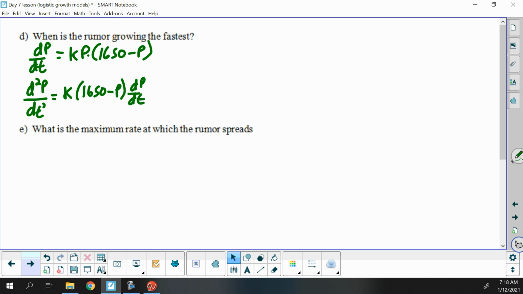And you can either put that dP over dt at the end, or you can put it right with the k, which is where we took the derivative of it. And then we're going to do plus regular kP times the derivative of that parenthesis part, which would just be -1 times dP over dt.